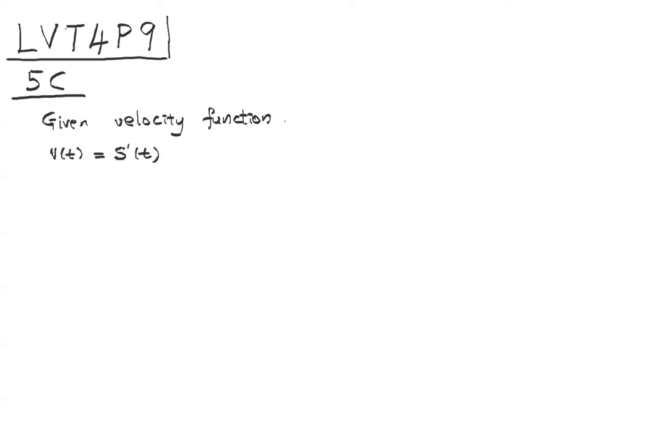So I have the conclusion: the area bounded by the velocity graph represents what?